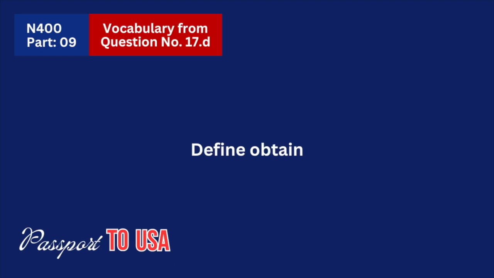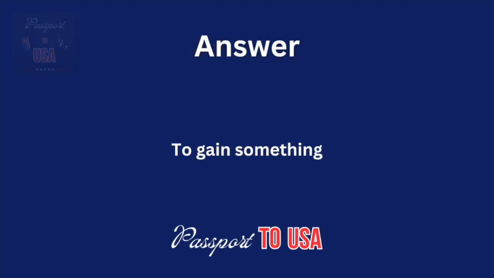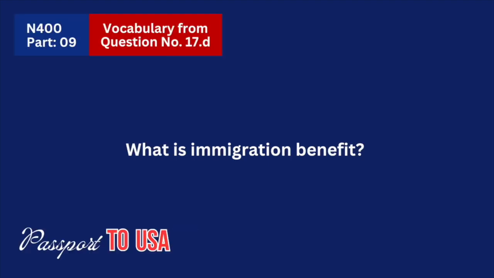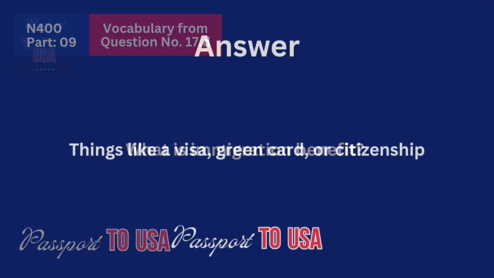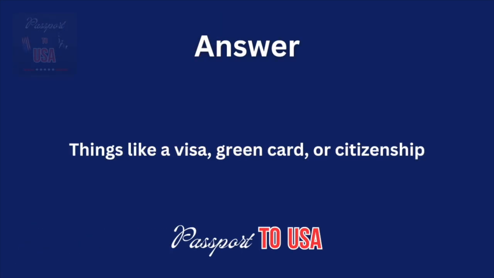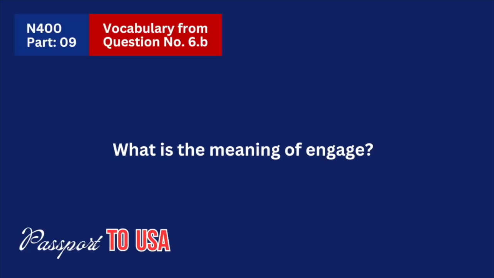Define obtain. To gain something. What is immigration benefit? Things like a visa, green card, or citizenship. What is the meaning of engage?